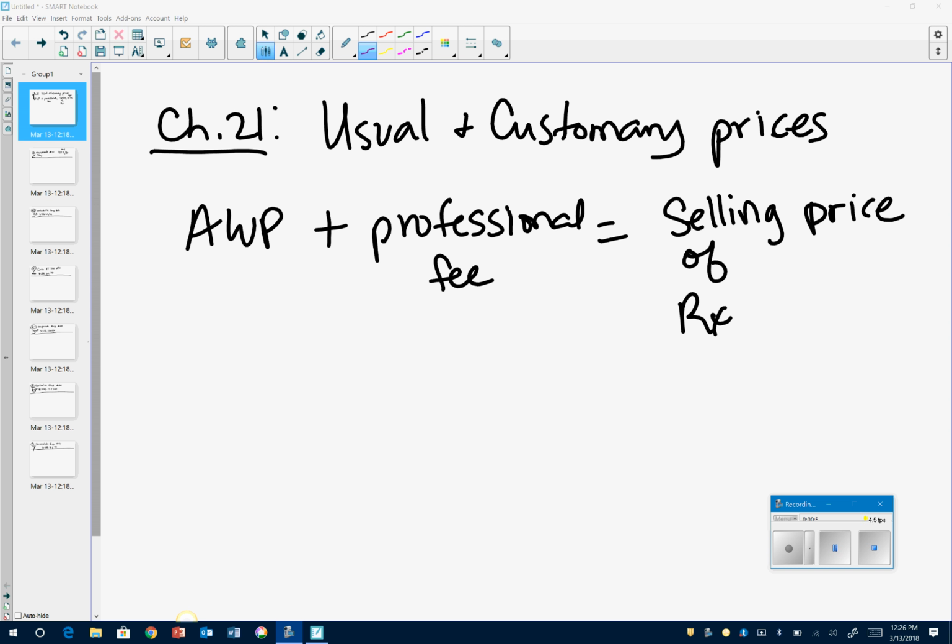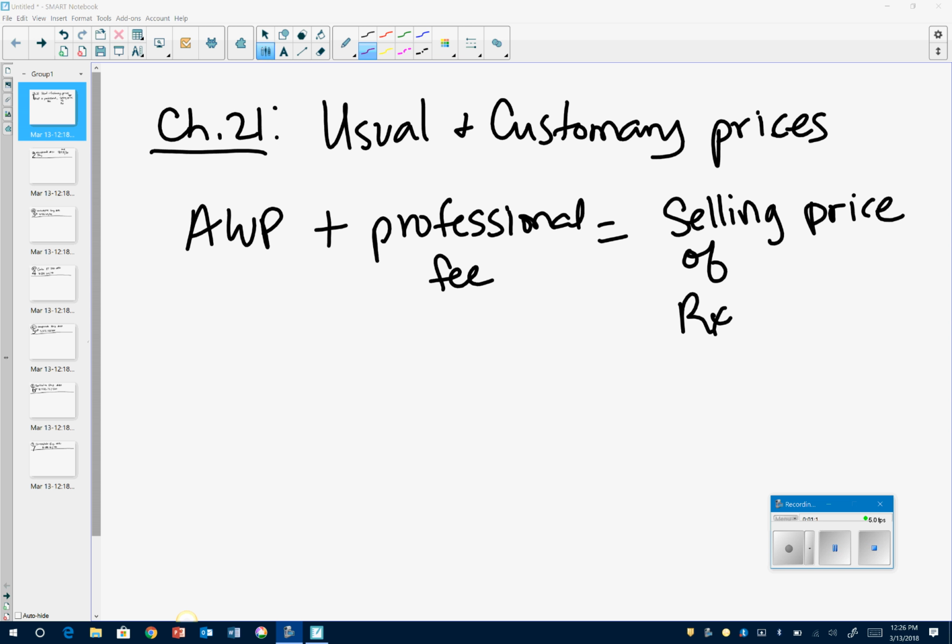The professional fee is a factor used when calculating the selling price of a prescription manually, and takes into account the business and professional costs associated with dispensing the prescription. A chart such as the following can be used to determine the professional fee. On page 169, it shows the AWP.